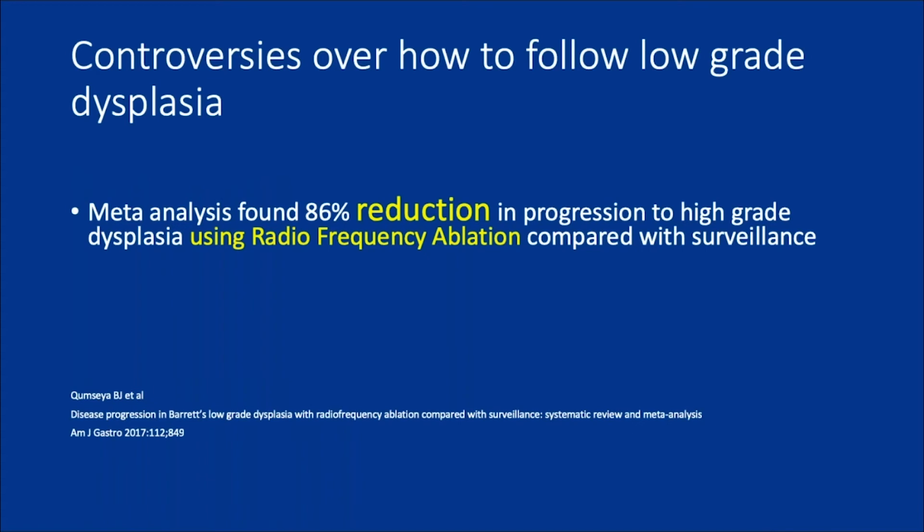But here is the key of the change that I want you folks to be aware of. Meta-analysis found an 86% reduction in progressing to high-grade dysplasia using this radiofrequency ablation compared with just surveillance.